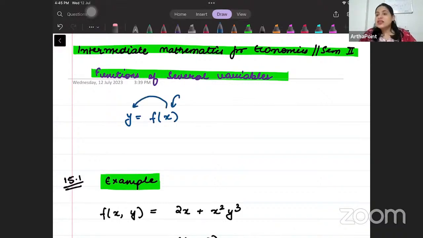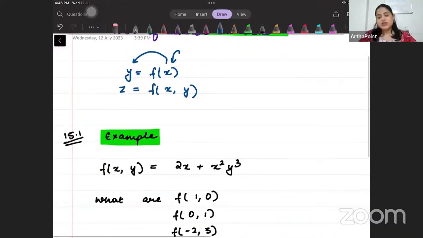This is what a function of a variable is. Now, when I say z is a function of x and y, it means when I assign some value to x and y, I will get some value of z, right?